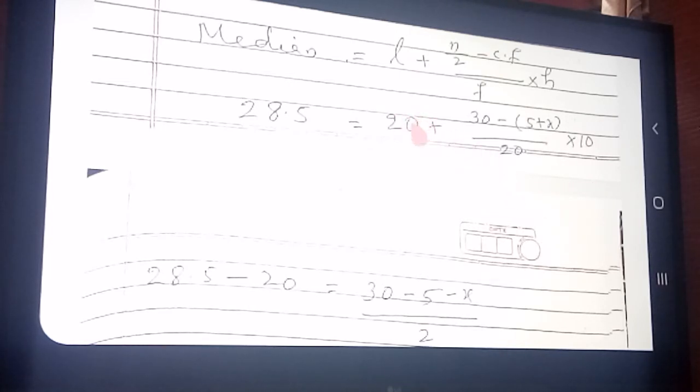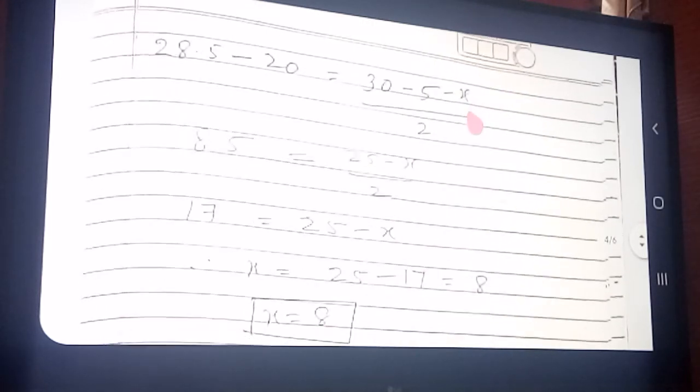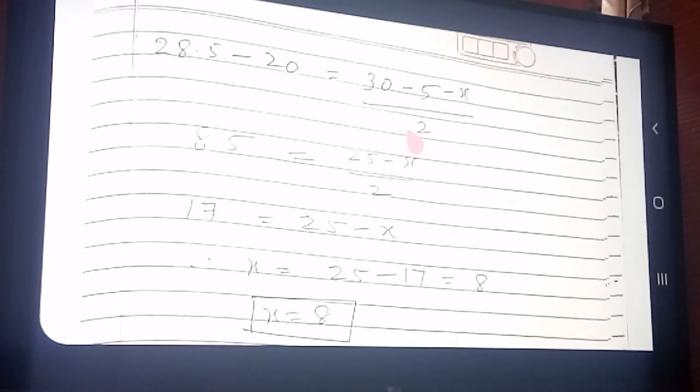So this L never mix with these terms. This L you directly subtract here. This L is on the right hand side, coming this side it will become minus. So 28.5 minus 20, clear? 28.5 minus 20. Then 30 minus (5 plus x) divided by 2.